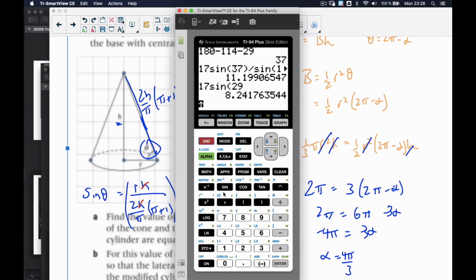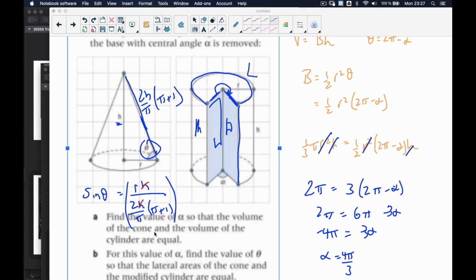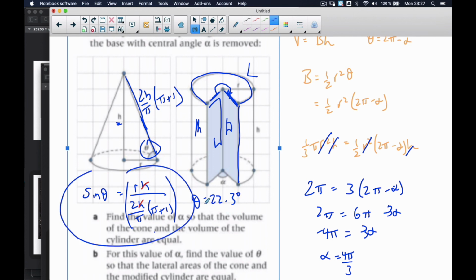So I go second sine, 1 divided by, and I'm going to put in parentheses so it's all on the bottom. Double parenthesis, 2 divided by pi, close it. Then I'm going to open it, pi plus 1. Enter. And so I get 22.3 degrees. So I get theta is equal to 22.3 degrees. It's messy algebra in there, but it all seems to work out.